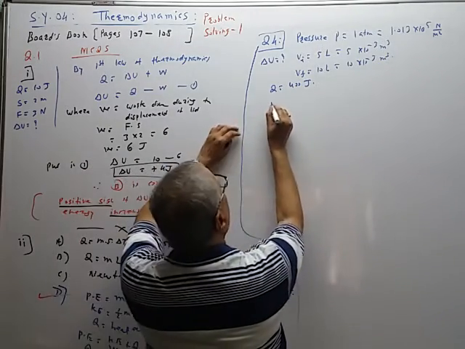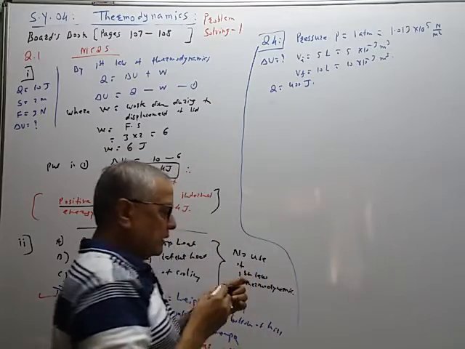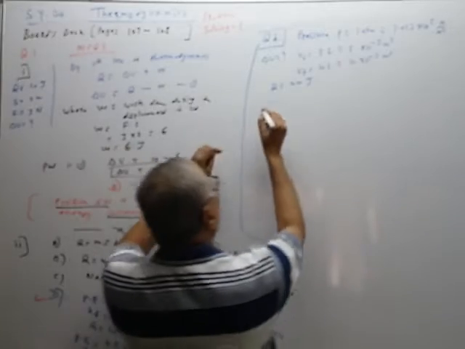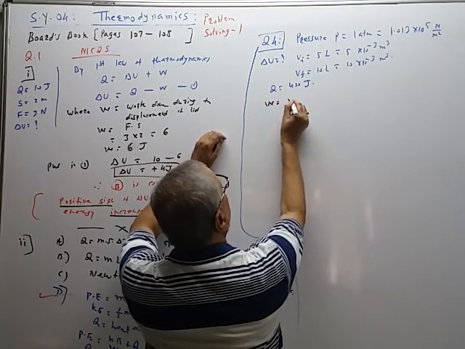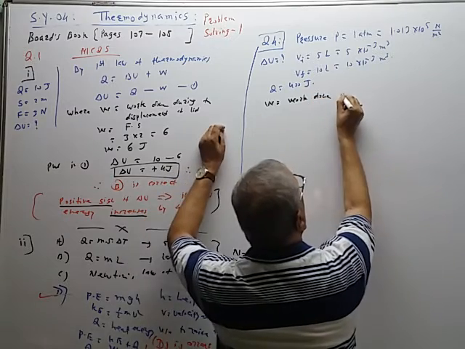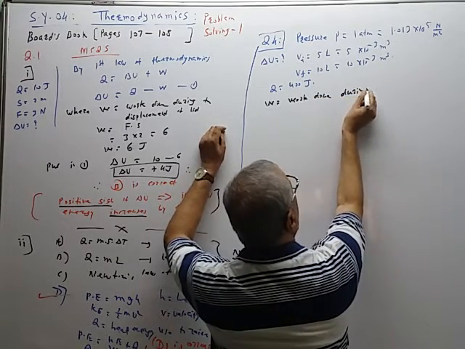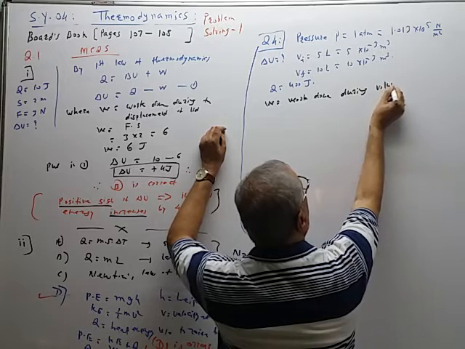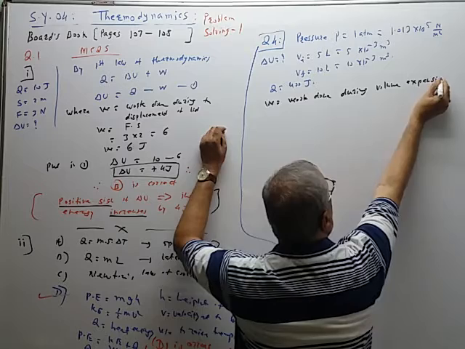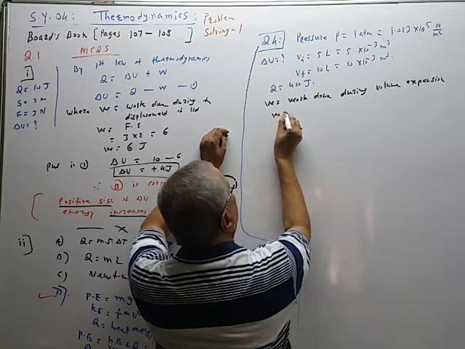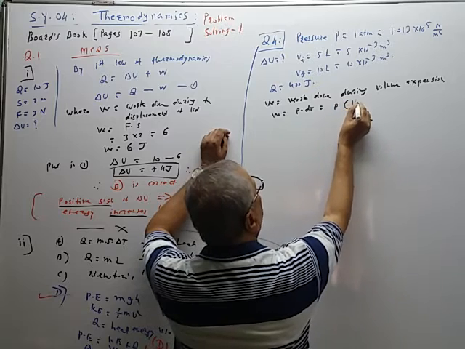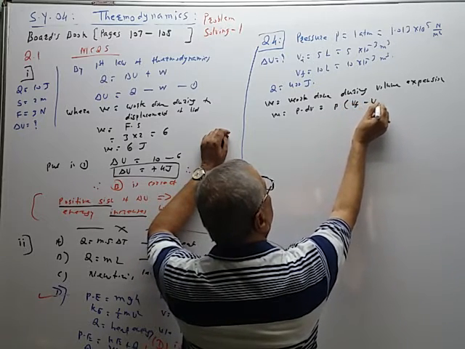So first we will find W. W is equal to work done during volume expansion. Volume increases, therefore it is called an expansion. So W is equal to P into dV is equal to P into final volume minus initial volume.